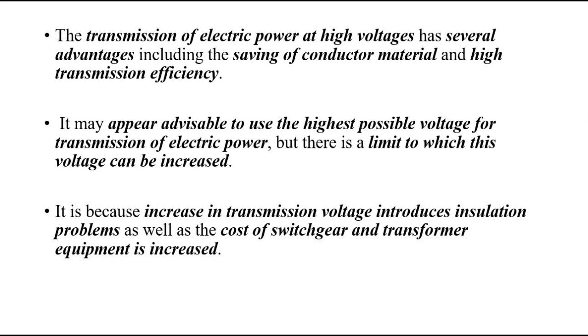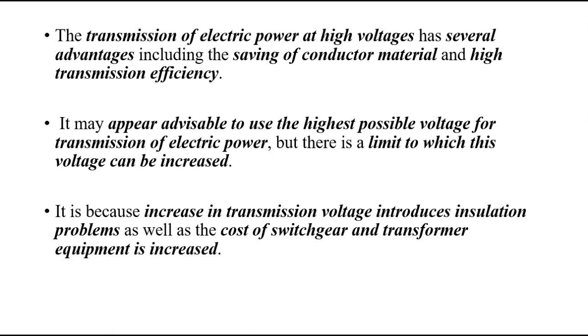Generally the efficiency of transmission is increased, and also the number of conductors required and the conductor area are reduced. But in detail I will make a video about it, so don't worry about that.